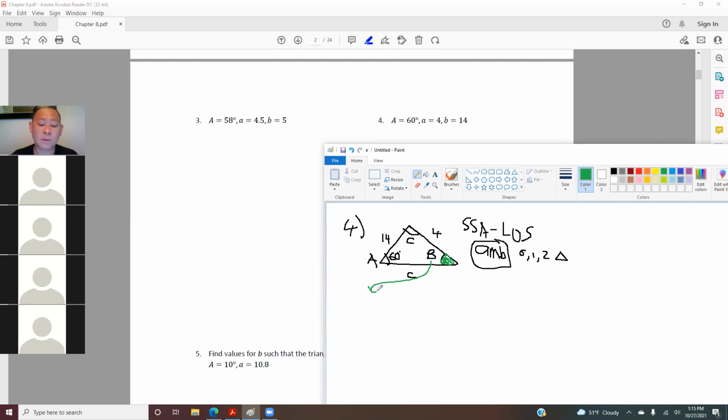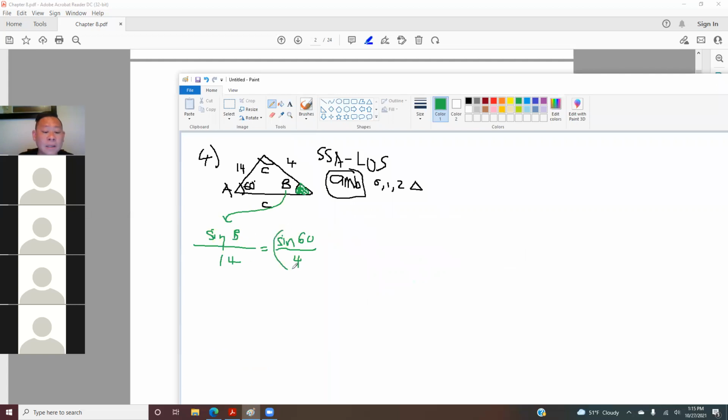So we will do sine B over 14, using A, which is 60 degrees, over 4. In order for us to find sine B, I multiply this by 14 and then I do the arc sine of it.